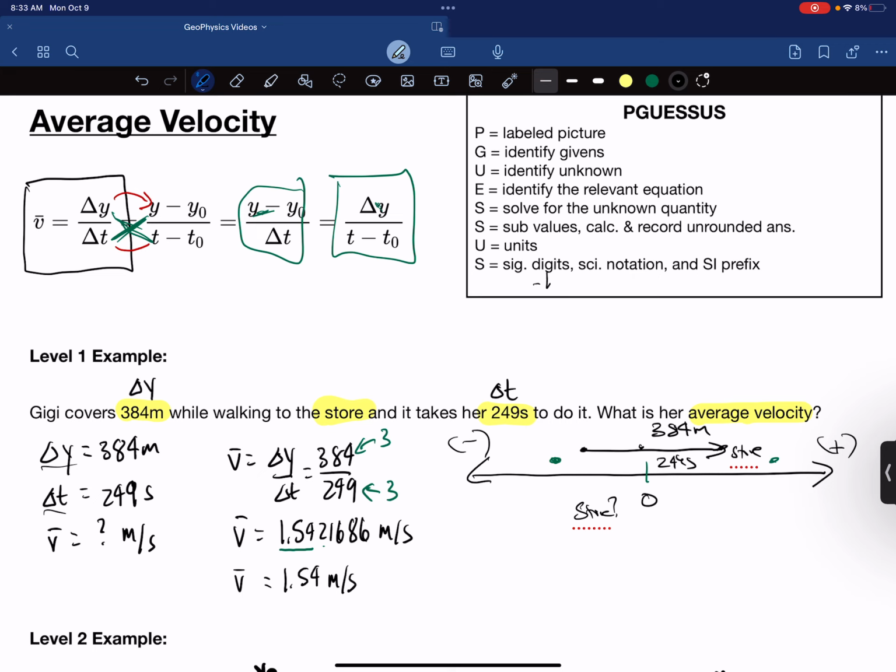So we've dealt with the significant digits. Now the question is, do we need to express this in scientific notation? As always, we are going to practice converting numbers and putting them in scientific notation because we may need to do that in the future. What we look for is whether this number is between 1 and 10.